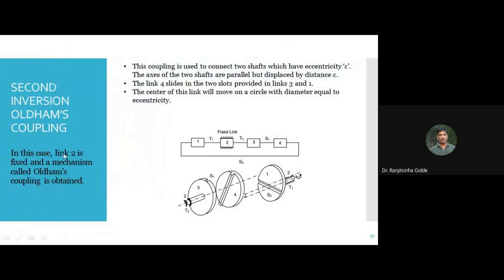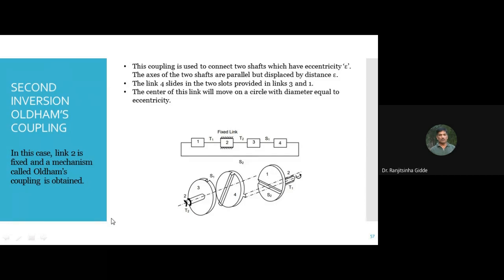In this case, link 2 is fixed and a mechanism called Oldham's coupling is obtained. So we can obtain one of the couplings which is required to couple two shafts having eccentricity with respect to the axis of rotation.